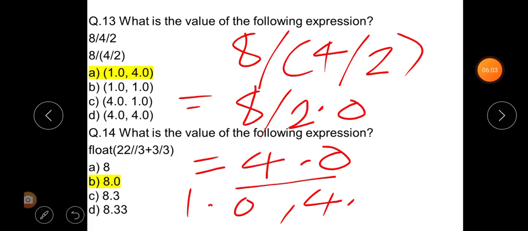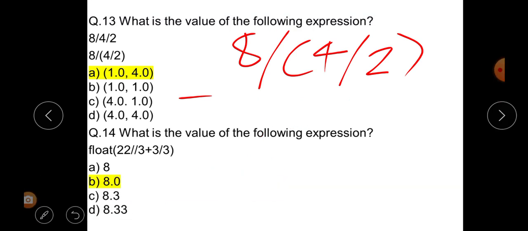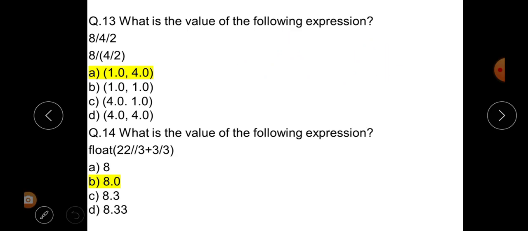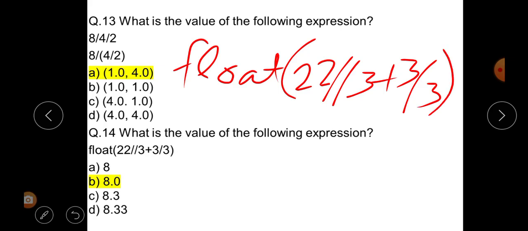Now let's take question number 14. Question number 14 says float. So there is an explicit type conversion here. Float of 22 slash 3 plus 3 divided by 3.